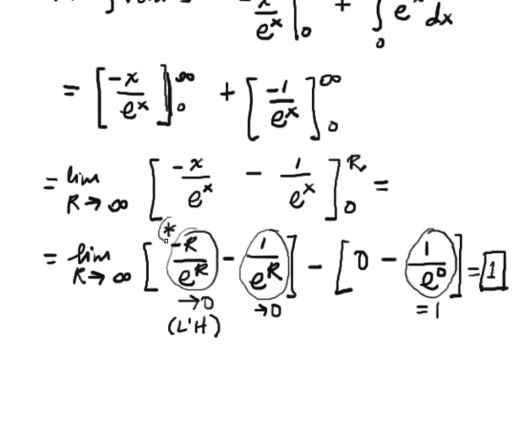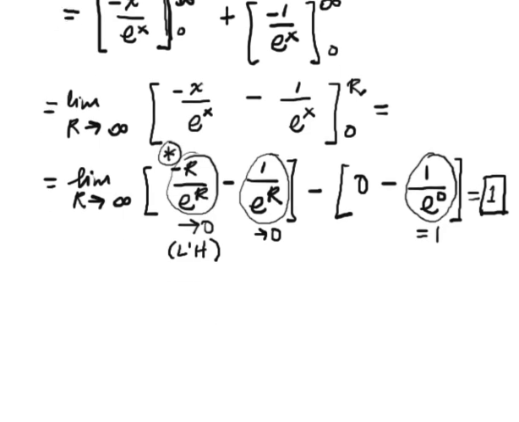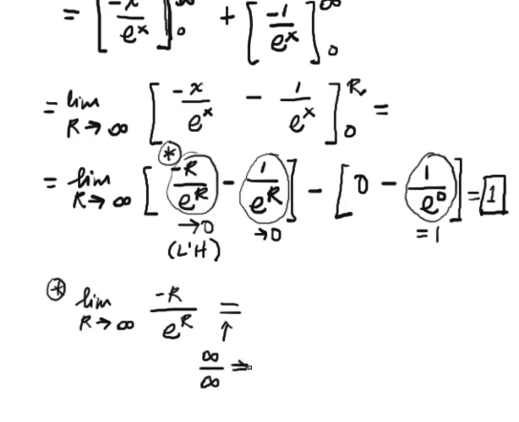Let's finish the calculation by doing L'Hopital's rule to show that r over e to the r goes to 0 as r goes to infinity. So we're going to take, on the side, the limit as r goes to infinity of minus r over e to the r. Notice that the top is going to minus infinity and the bottom's going to infinity. In any case, this is a limit of the form infinity over infinity, so we can use L'Hopital's rule, differentiate top and bottom.